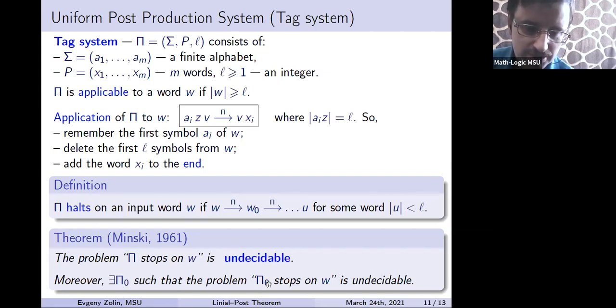So you don't need a very, very big system. Even for not very big systems, this problem is undecidable. And we will use this undecidable problem to prove that our problem for propositional calculus is undecidable.